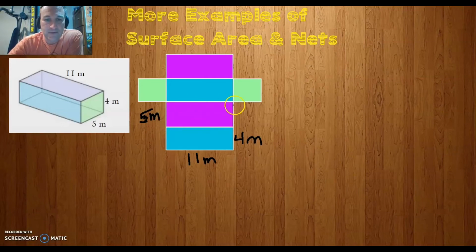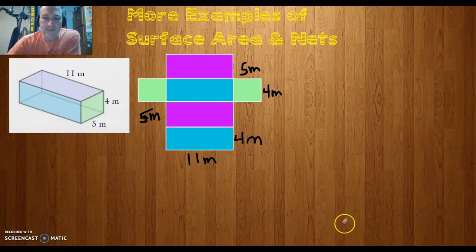And so that's 11 by 5. And we have all of our purple and blues, and then the green ends are 5 by 4s. So this would be 5 meters, and this would be your 4 meters, and they both would be the same that way.